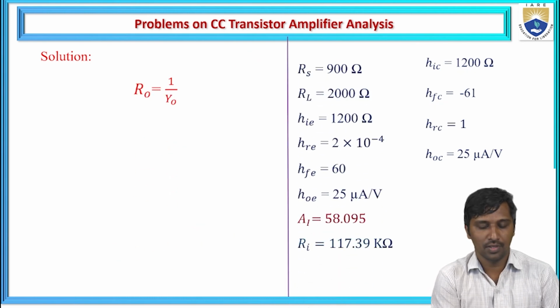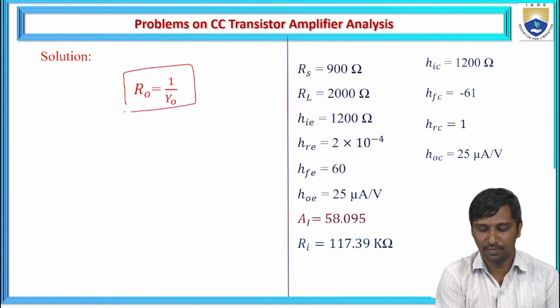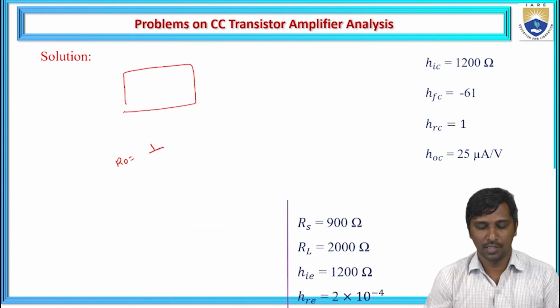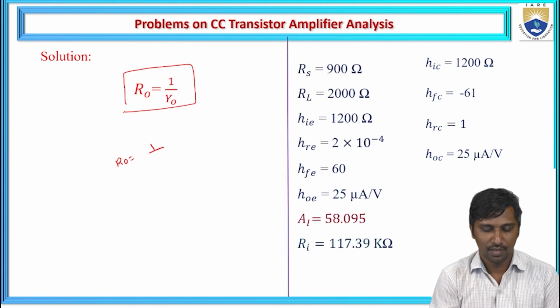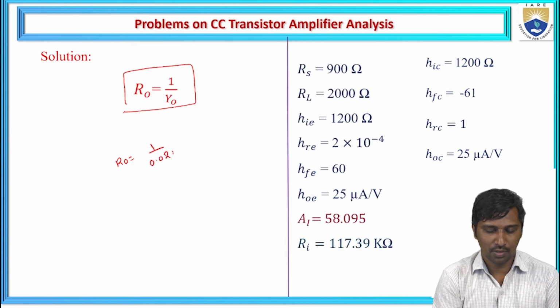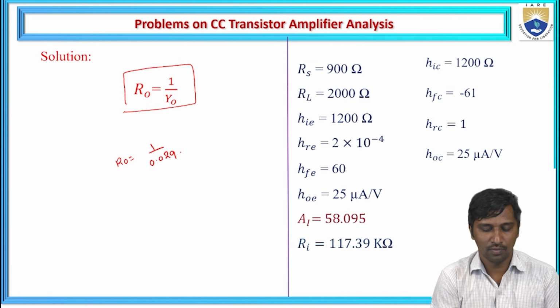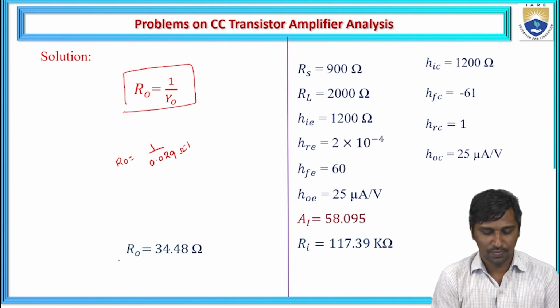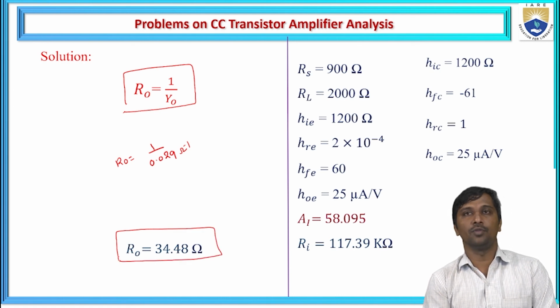We know that Ro is the reciprocal of admittance. Hence, Ro is equal to 1 by the Yo value, 0.029 ohm inverse. Then Ro value is equal to 34.48 ohms.